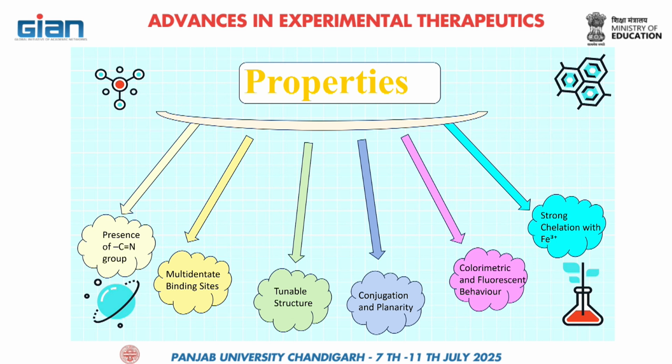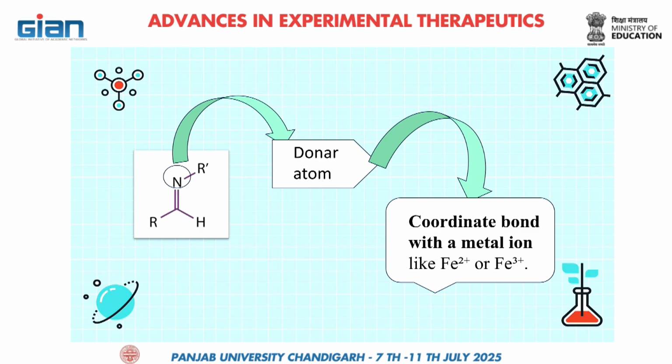The properties are presence of C=N, multidentate binding sites, tunable structure, conjugation and planarity, colorimetric and fluorescent behavior, and strong chelation with ferrous or ferric or any other metal. Here we have a donor atom. Nitrogen will interact and form a coordination bond with the metal like ferrous and ferric.